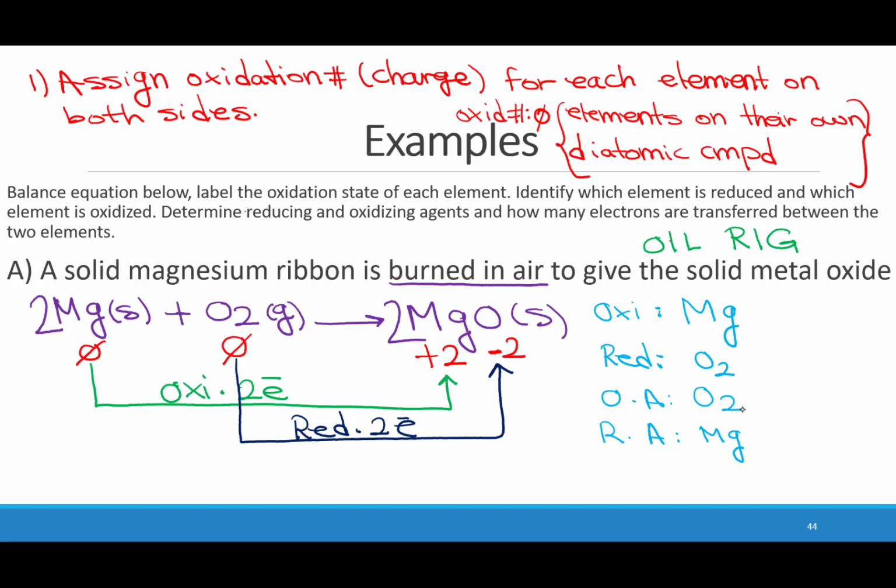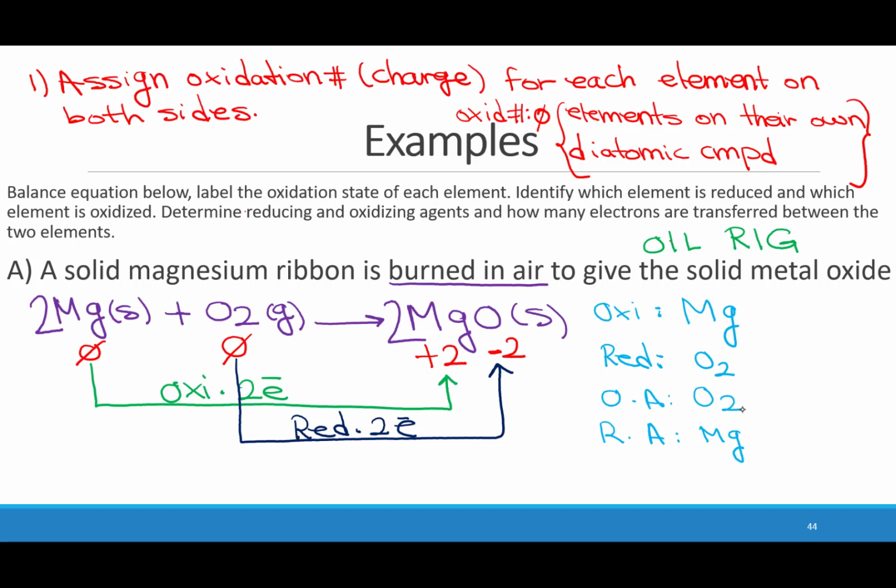Okay, then here magnesium goes from oxidation number 0 to +2. It's becoming more positive, which means it's losing electrons. Losing electrons, becoming more positive, it's oxidized. Oxygen gas goes from 0 to -2.